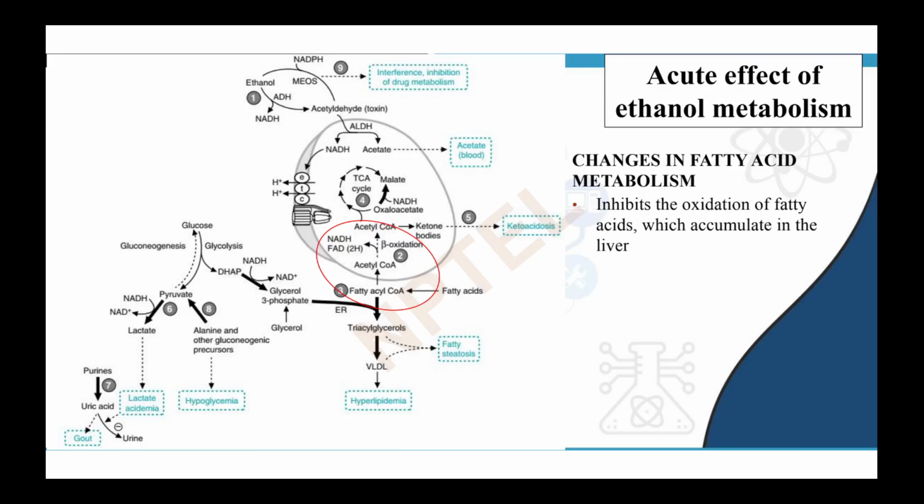And you know where the NADH is going. NADH is going to the electron transport chain, right? Here the electron transport chain is shown. NADH is going to the electron transport chain to make ATP, that is the energy currency. So when the cell requires energy, it breaks down the fatty acids by beta oxidation to produce more and more NADH, so that it can enter the electron transport chain and make more and more ATP, that is energy.